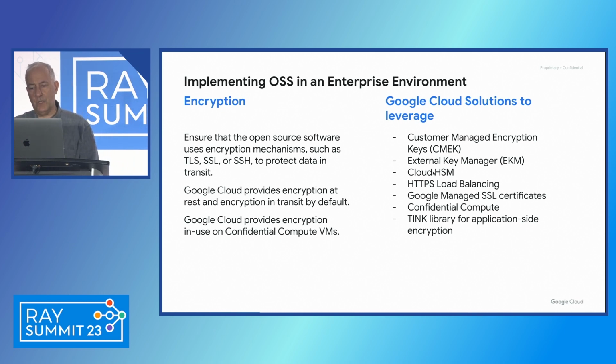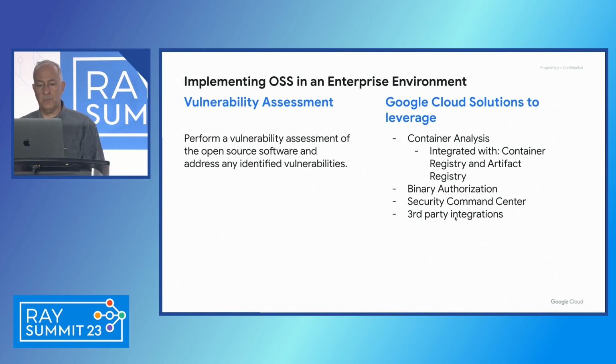To do that, you can use customer-managed encryption keys, external key managers, Cloud HSM, load balancing, SSL certificates, and Confidential Computing. And if you're writing an application, you can use the Tink library for application-side encryption.